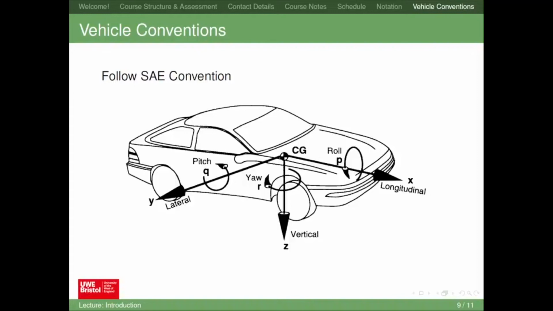Everything forward of the front axle had a positive x value, and everything behind it had a negative x value. Then lateral was y, and I think z was also downwards. So it depends on who you work for. The SAE say the centre of gravity.